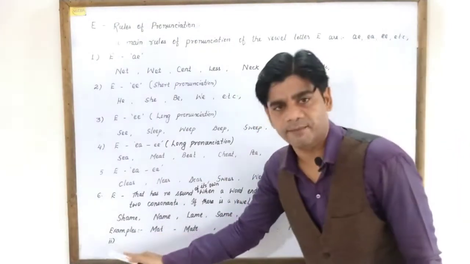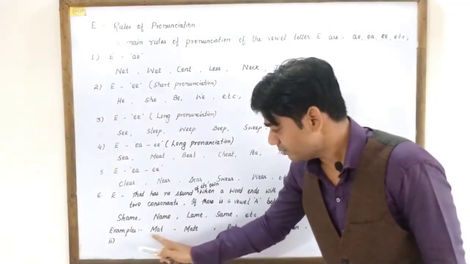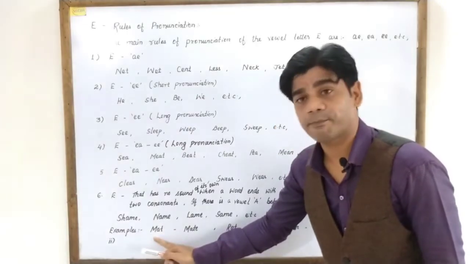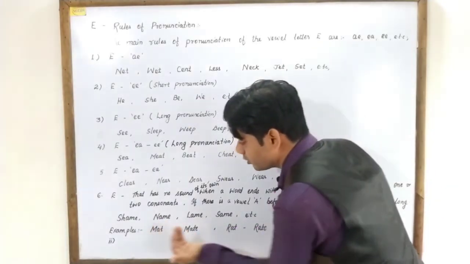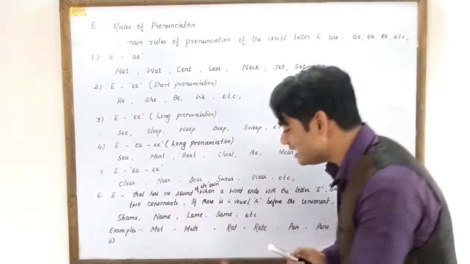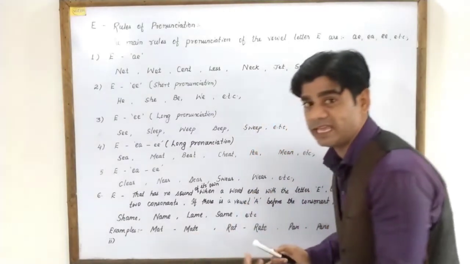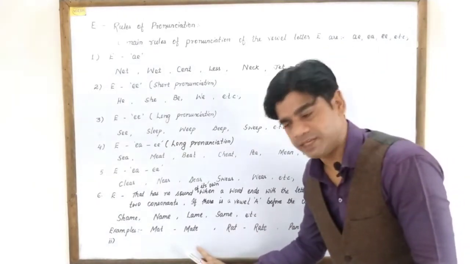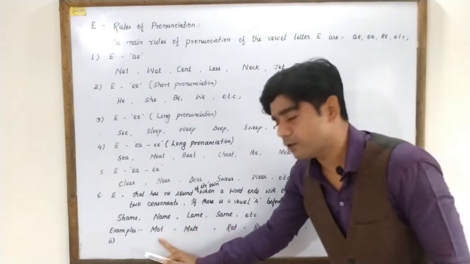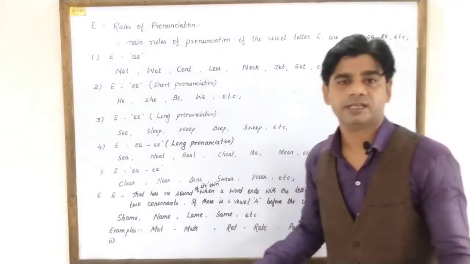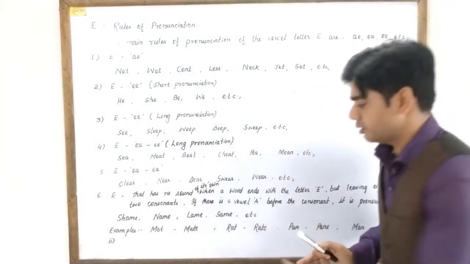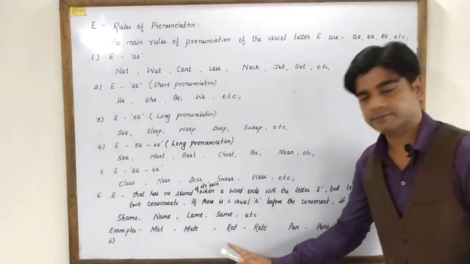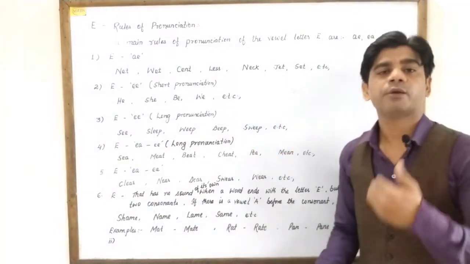Now look at some examples. M-A-T, mat. But once we add E, it becomes mate, not mat. Now this one, R-A-T, rat.